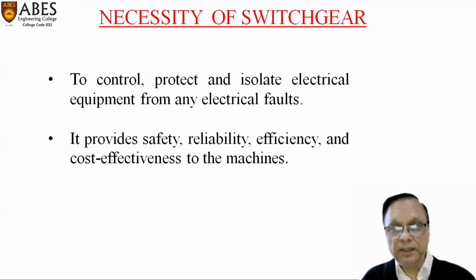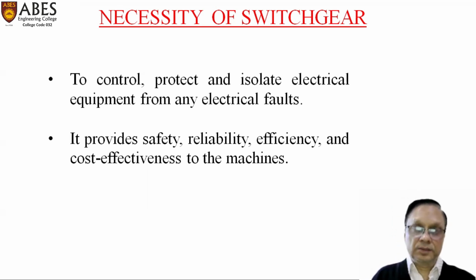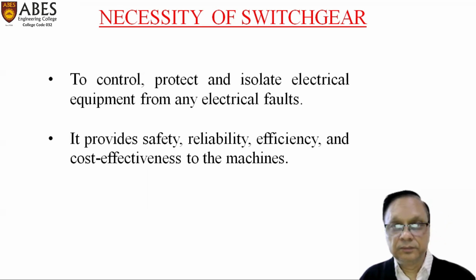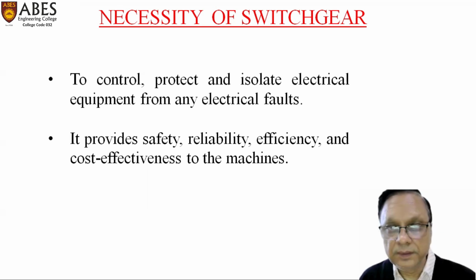Replacing electrical machines is a very costly affair in all respects. First, there is loss of generation, and the economic cost is very, very large. So to avoid all these disadvantages, we require switchgear. Switchgear is very, very important. Normally, it breaks the circuit instantly.